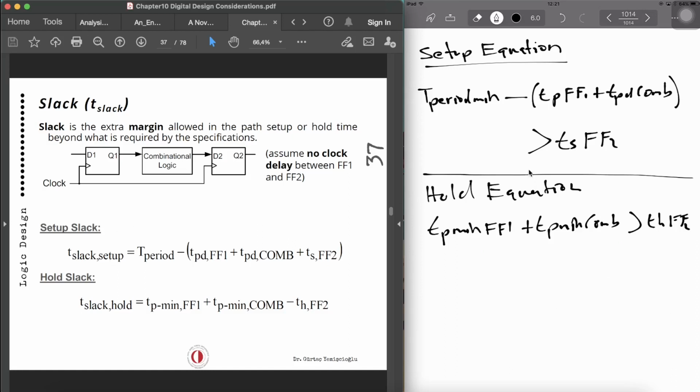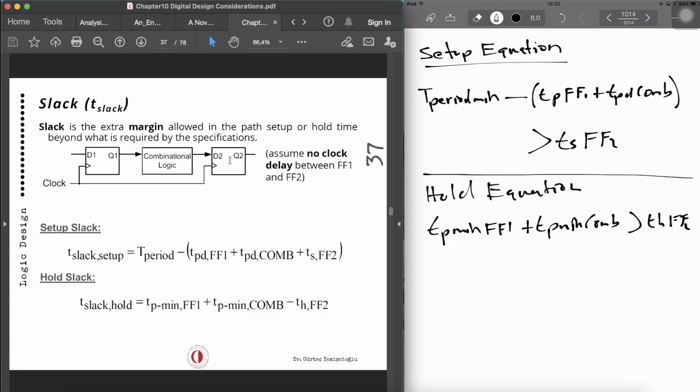Now the equations are similar. So the setup slack is t period minus the flip-flop 1 delay plus the combinational logic delay plus the setup time. So when you subtract these timing properties from the period, if your setup slack is positive, that means we have got enough time. If it is negative, then we have a problem. We have to think about a solution.